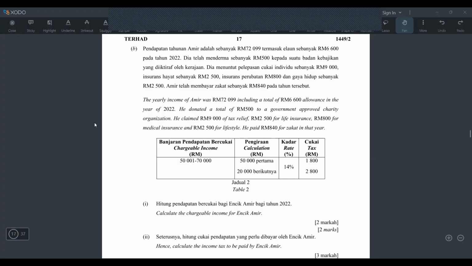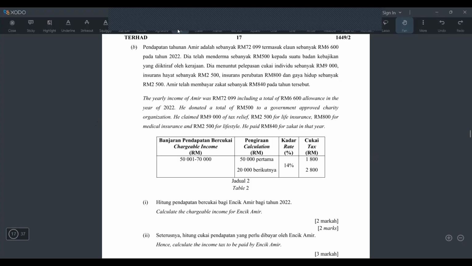Let's continue. So B says what? The yearly income of Amir was 72,099. So this is the income, including a total of 6,600 allowance in the year 2022. So allowance is tax exemption. So later have to tolak lah. He donated a total of 500. Remember donation, we see this a lot, right? Every time they come out with income tax, they always mention donation.